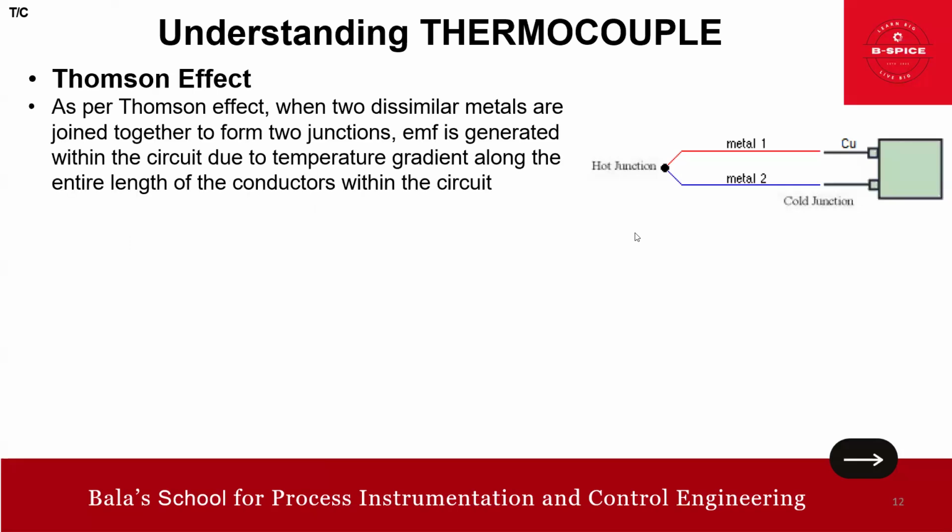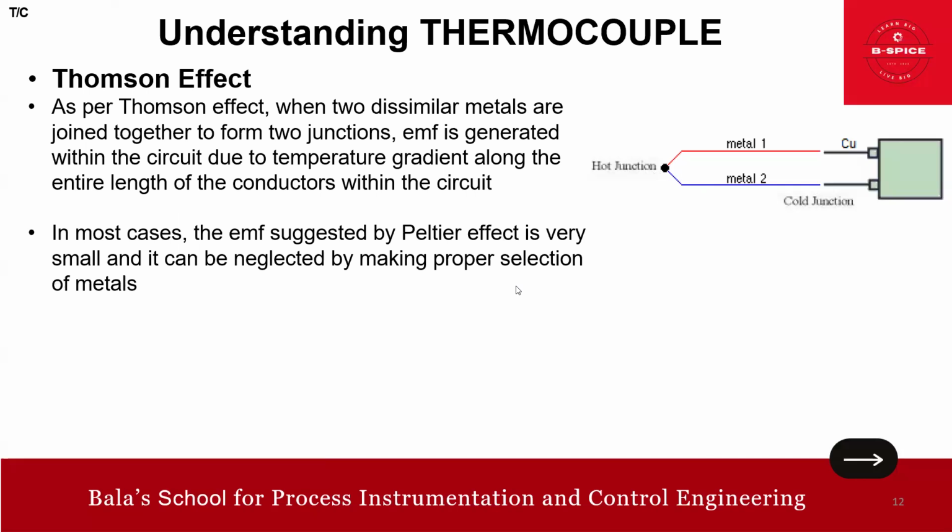But if you go to the Thomson, as per Thomson, when two dissimilar metals are joined together to form a junction, the EMF is generated within the circuit due to a temperature gradient, but along the entire length of the conductor within the circuit. That is the point. So in most cases, the EMF suggested by the Peltier effect is very small because it's only acting here, and it can be neglected by making a proper selection of metals.